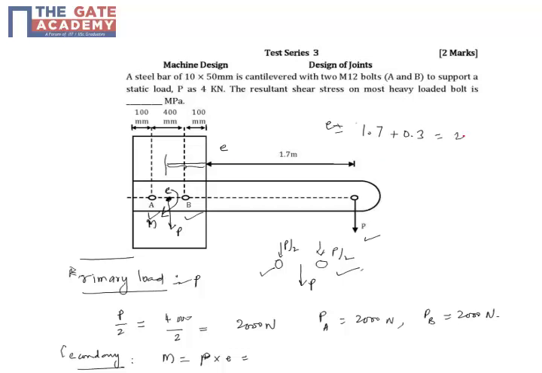So 2 meters is the eccentricity. So this load, 4000 into 2 meters, gives 8000 Newton meter as the moment acting at the centroid.